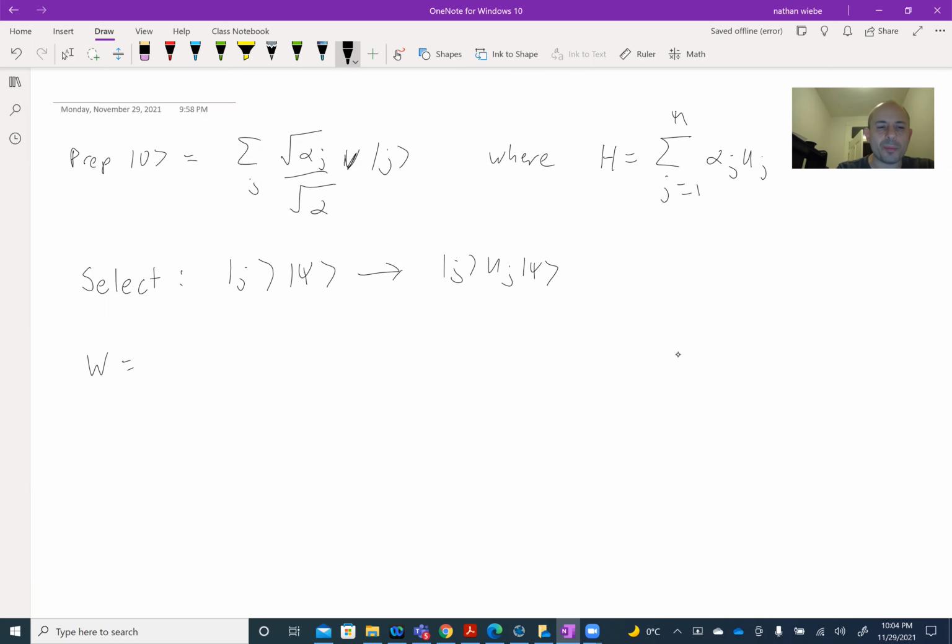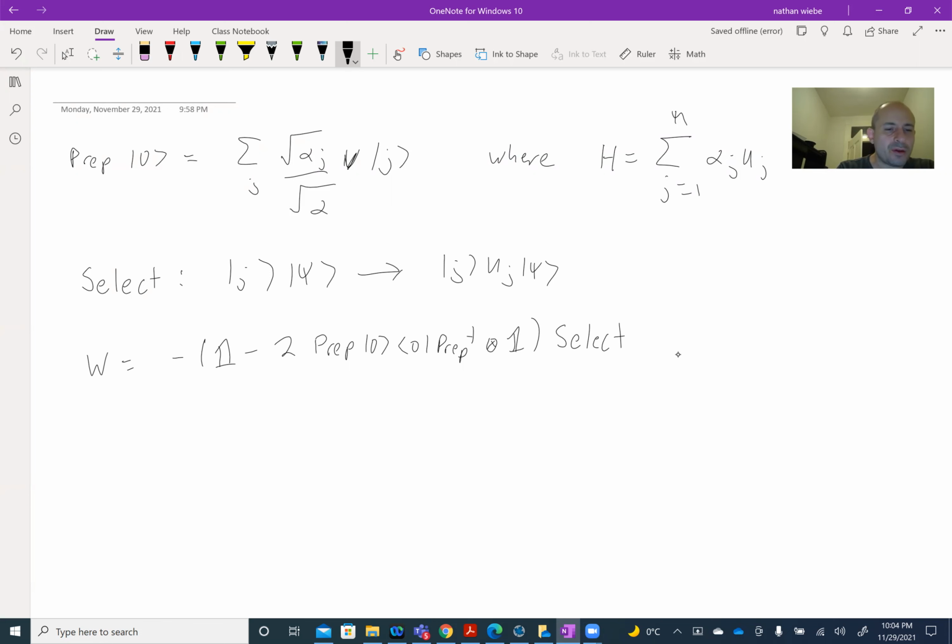This walk operator is going to look a little bit like the walk operator for amplitude amplification. It is of the form identity minus twice prep, 0, 0, prep dagger, tensor identity, times select.